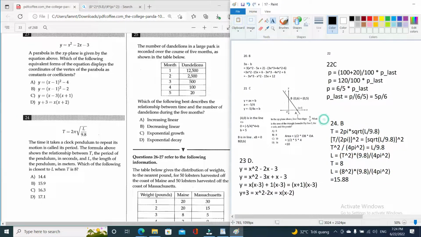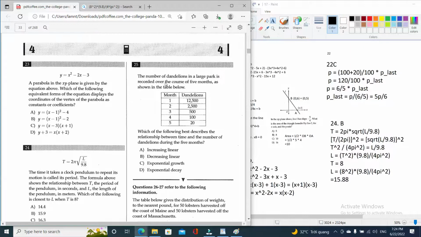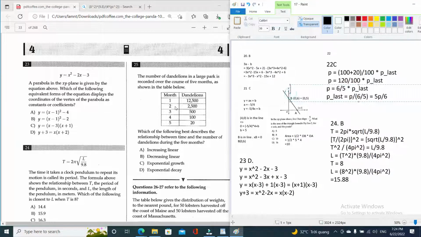Okay, and let's do 25, and I think that's enough for today. Let's finish the last one. "25. Number of dandelion in large part is recorded on the course of 5 months, as shown in the table above." Okay, so this is interesting.